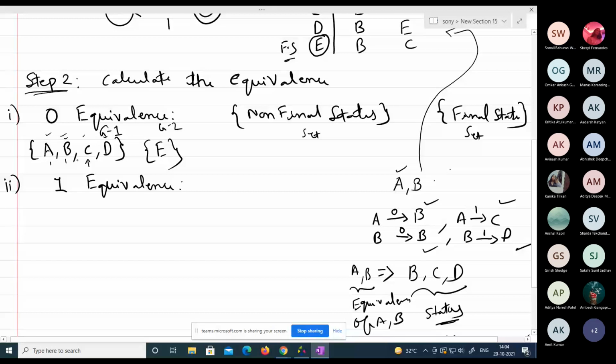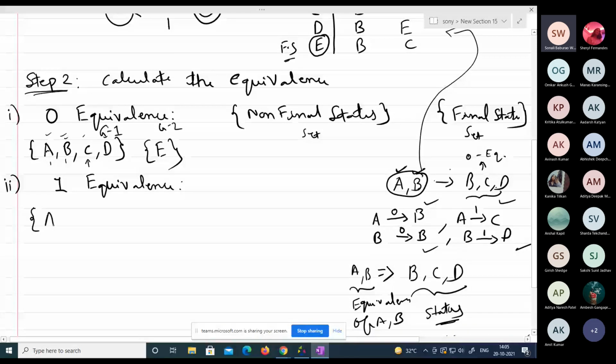It means in one equivalence, I can write both the states AB together, because they are giving me the output BCD, and all three states BCD are already present in my zero equivalence set. That's why A and B are valid, so I group them together as A comma B in our one equivalence set. Now what is remaining? Is this much clear? Okay, just note it down if it's not clear.